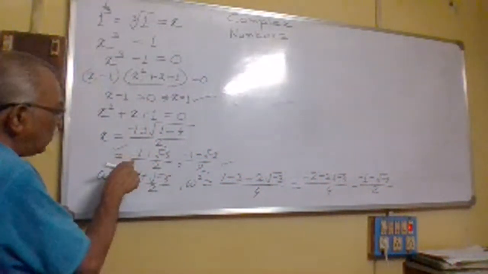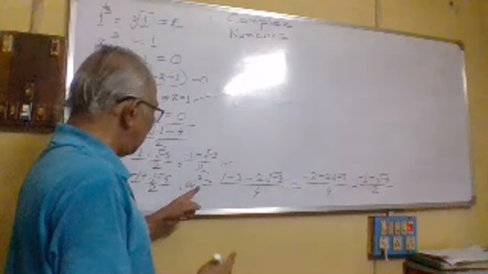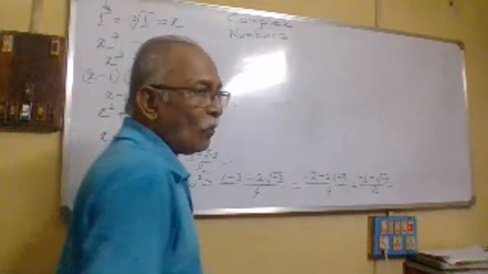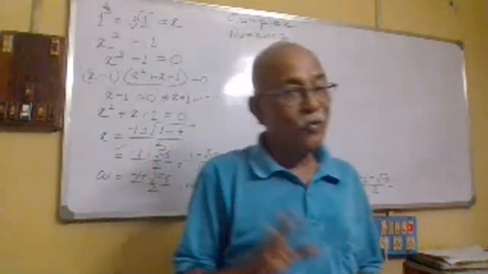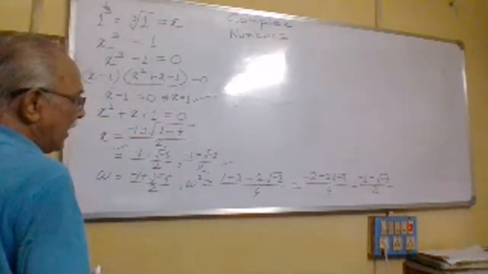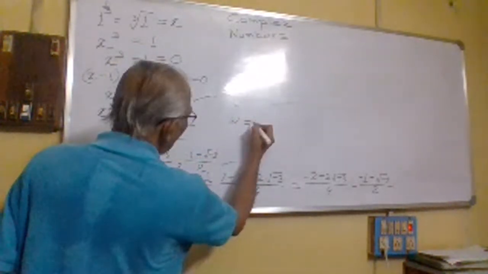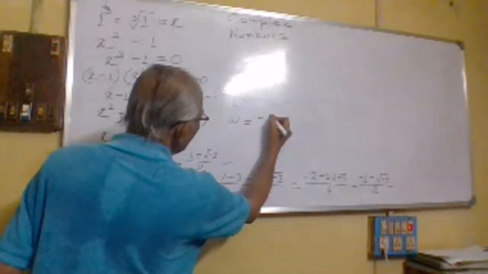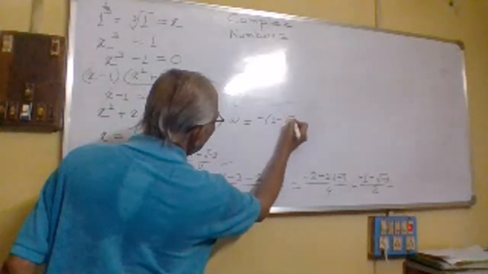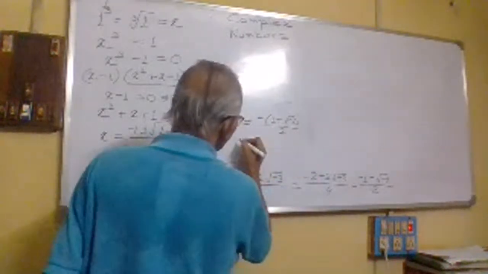So if this one is omega, then this one is omega square. You can do this at home as well. I am showing you: if you consider this one as omega, omega equals minus 1 plus root of minus 3, by 2. Then what will be omega square?